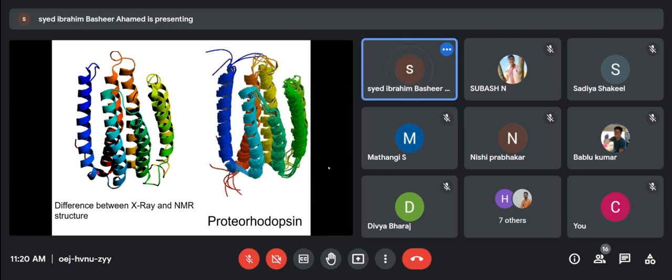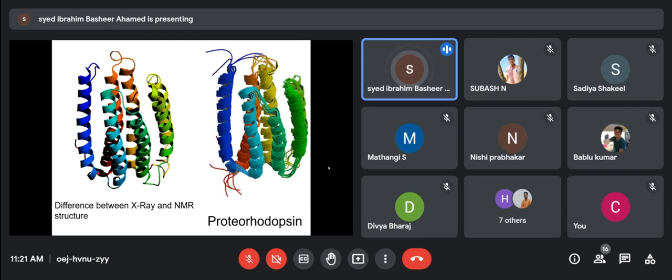In case you have tried all these things, still you are not able to get a crystal structure, in that case what will you do? You can do NMR spectroscopy. Or else you have solved the protein structure by using X-ray crystallography, but you want to find out the solution behavior, how the protein is behaving in a solution.